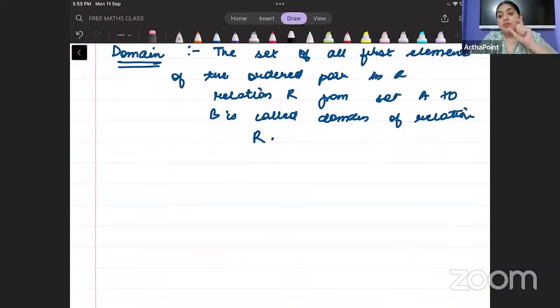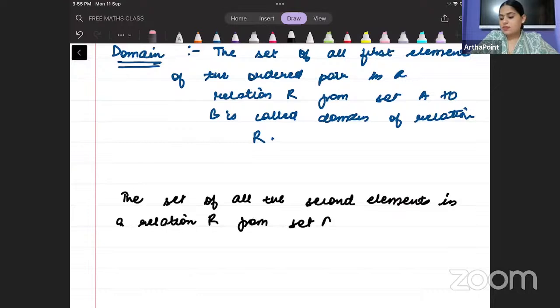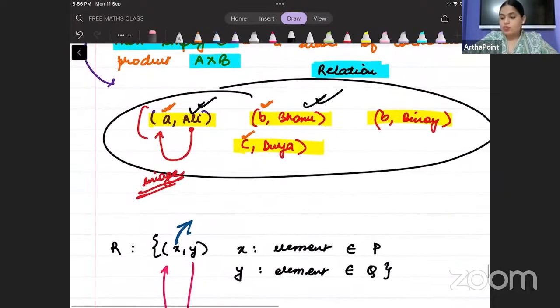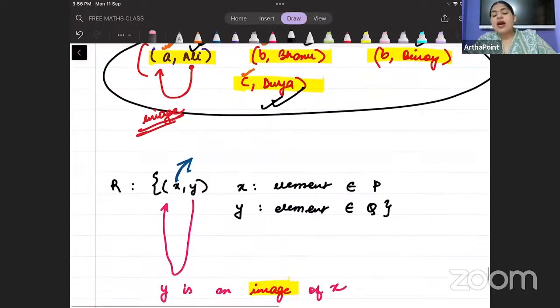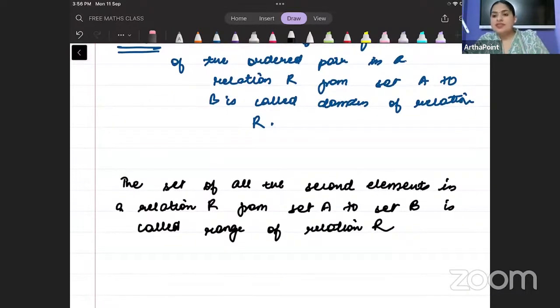Now I want to talk about the range. Write carefully, okay? The set of all the second elements in a relation R from set A to set B is called the range of relation R. Whatever is coming here, Ali, Bhanu, Binoy, Divya, whatever second elements I am able to get from the relation, that is called the range of the relation.